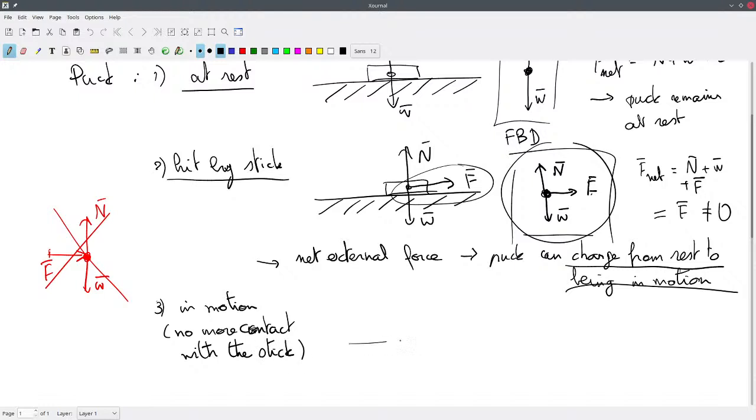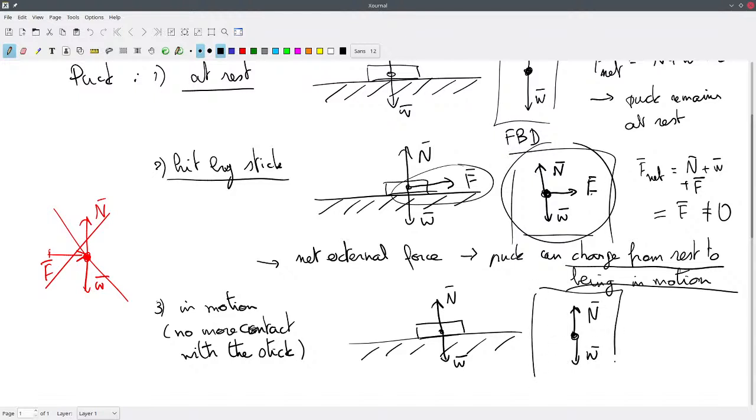So now we have the situation where we have the ice, we have the puck, there's a normal force, there's the weight, and so the free body diagram again looks like this. I'm going to put this in a box again to separate it from the drawing of the situation here.